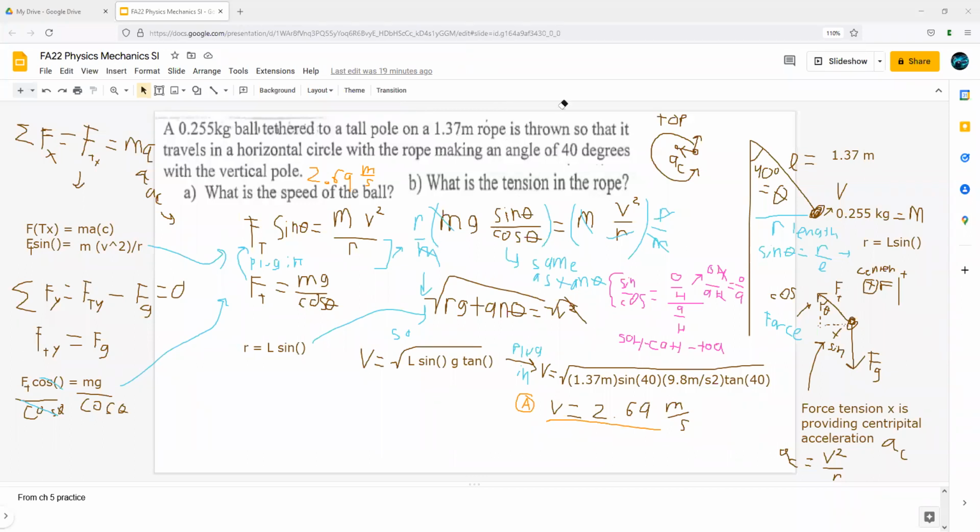And then it asks for the tension of the rope. Then, you know, from our previous drawings over here, force tension is mg over cosine theta. So then you just plug them both in. You do have your mass that gives you that. Gravity 9.8.